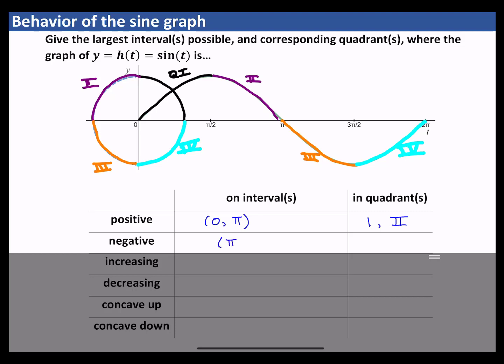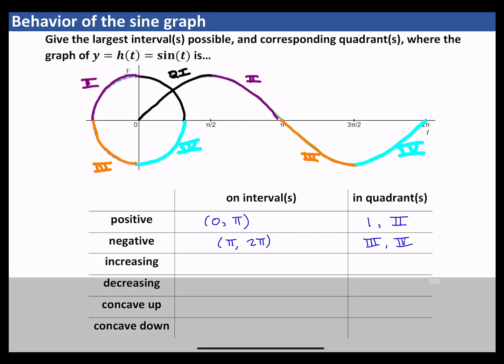So that is true for pi until 2 pi. And we know that all the angles between pi and 2 pi are located in the third and fourth quadrants.